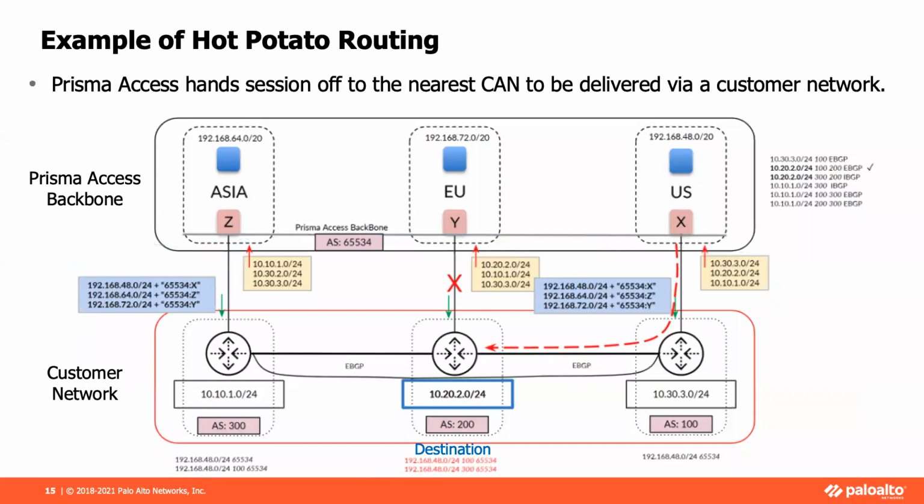So you do have that option. The default is use Prisma Access. Otherwise, you can say use hot potato routing.